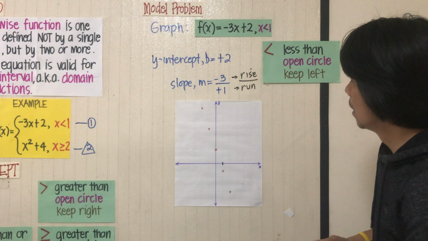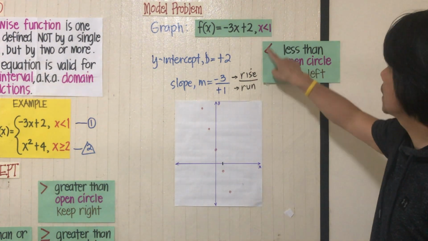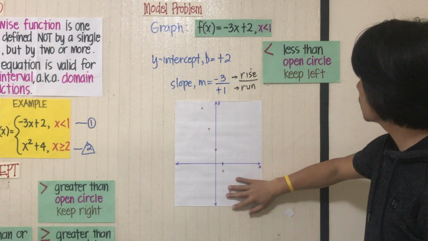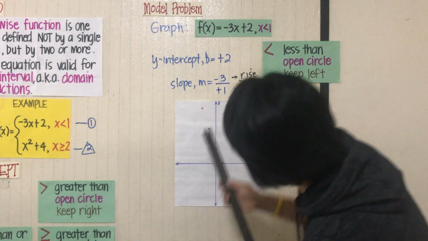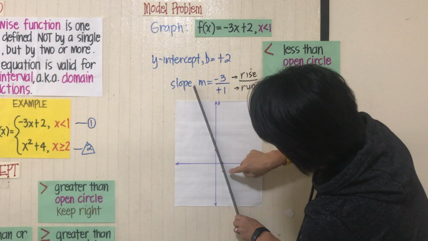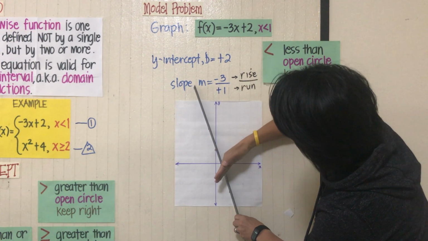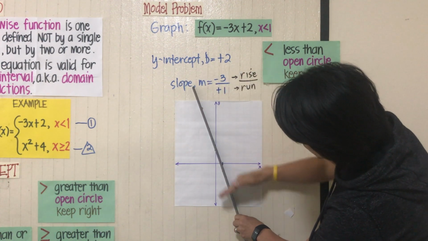It says here, if you have a less than symbol, you need an open circle. That's why we have an open circle here. Then keep the left part of the graph. So imagine there's a line from that point, that open circle; you need to keep the left part. This is the right part from here down.